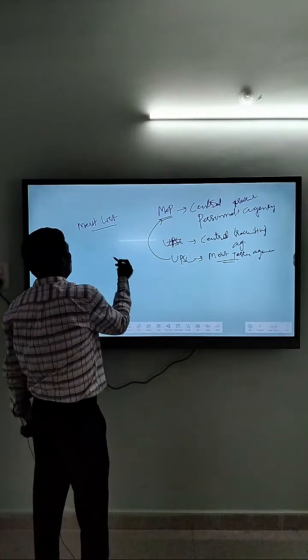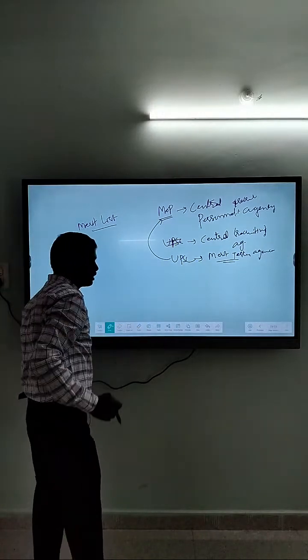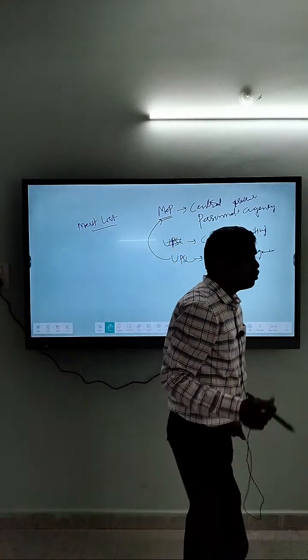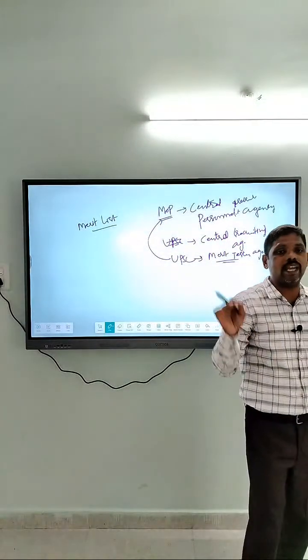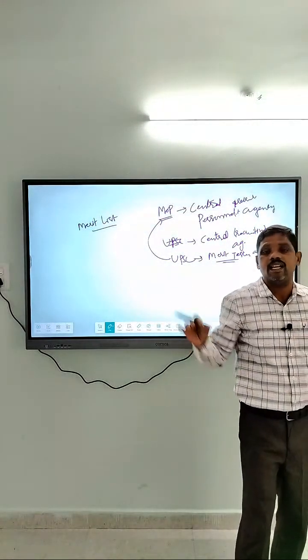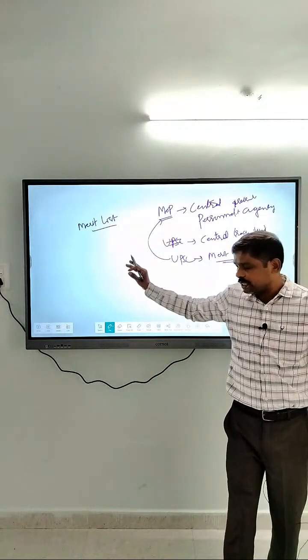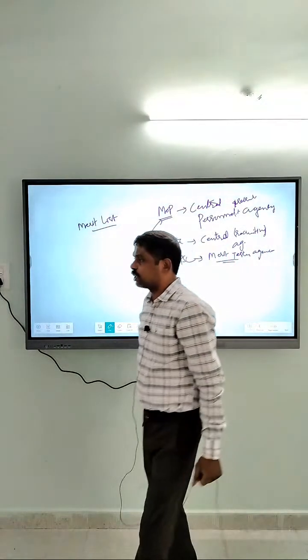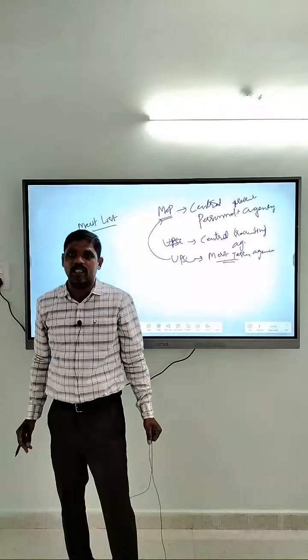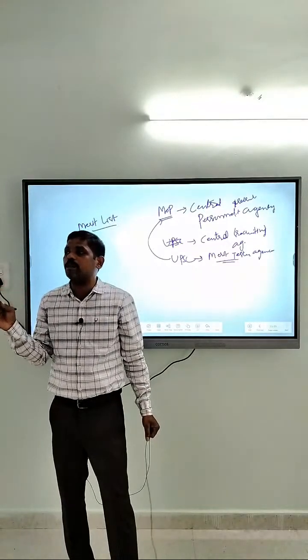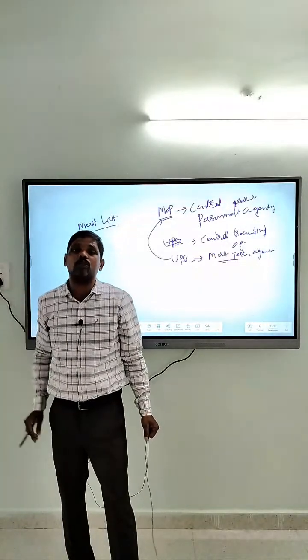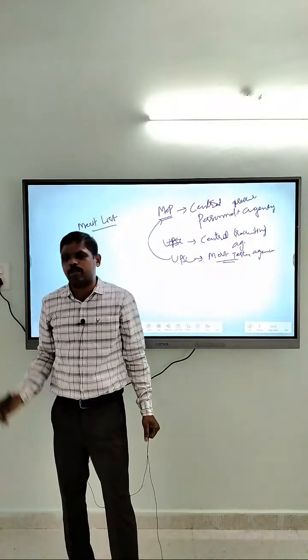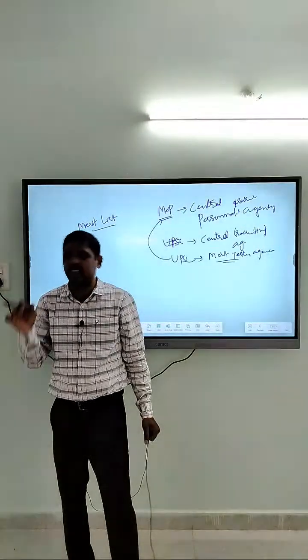So this concept of Public Service Commission came into existence for the first time in India on the recommendations of the Viscount Lee Committee. It was the Viscount Lee Committee that recommended the constitution of the Central Public Service Commission.